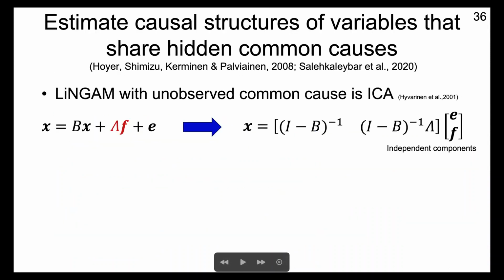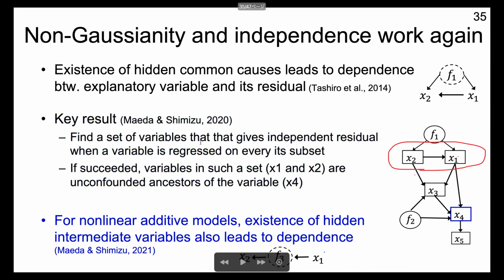So, okay, here I did not estimate the causal direction for variable pairs with hidden common causes like this pair, x1 and x2.